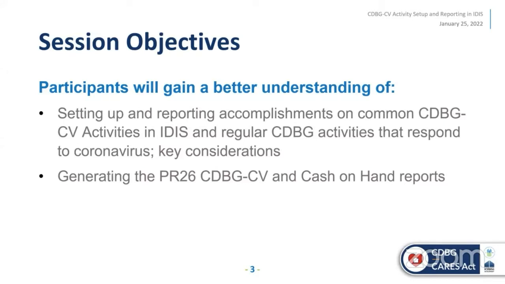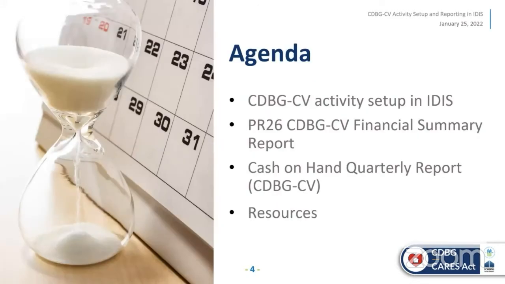And two, that you will know how to use the CDBG-CV version of the PR26 report, and how to report CDBG-CV grants in the cash on hand reports. On to our agenda. First, we're talking through activity setup in IDIS, then the PR26 report, the cash on hand report, some helpful resources, and at the very end, we'll take some questions from you.